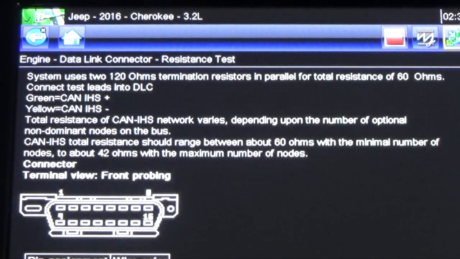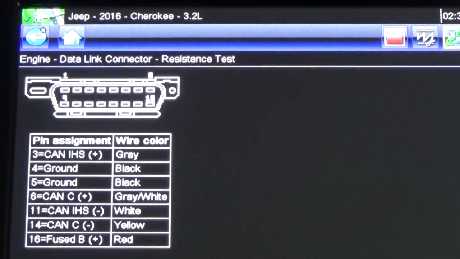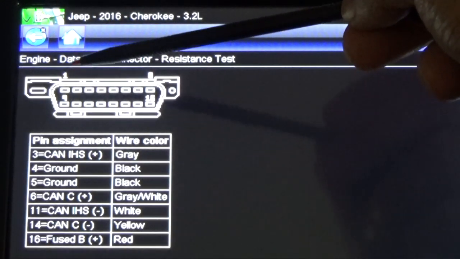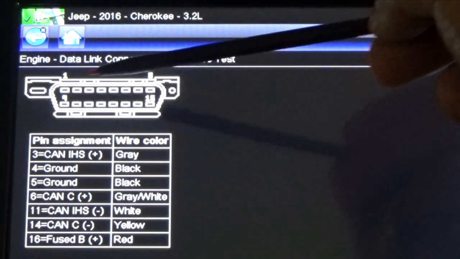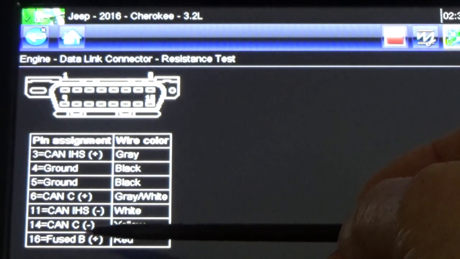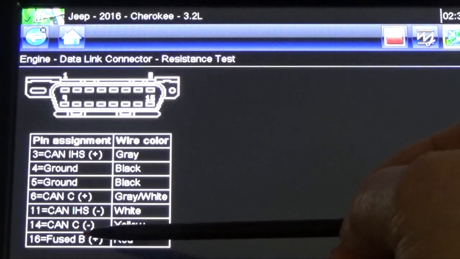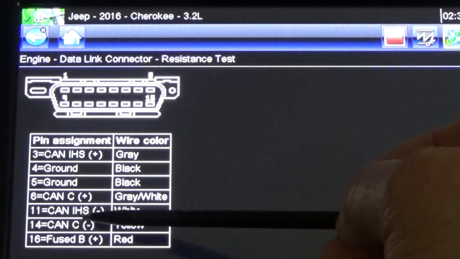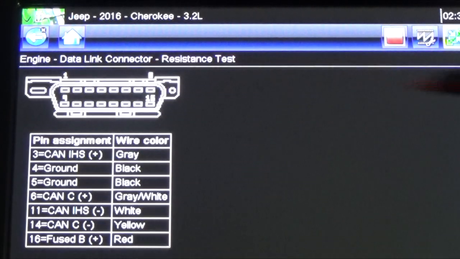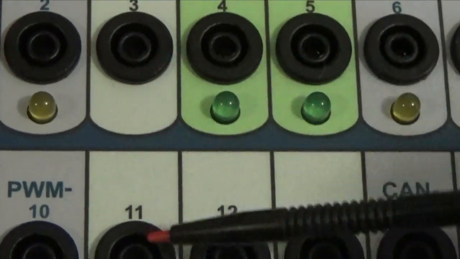Let me see. Here is the explanation for the OBD2 terminals 1 through 16, and the high speed is 11 and 3. I'm sorry guys, it will be 3 and 11.